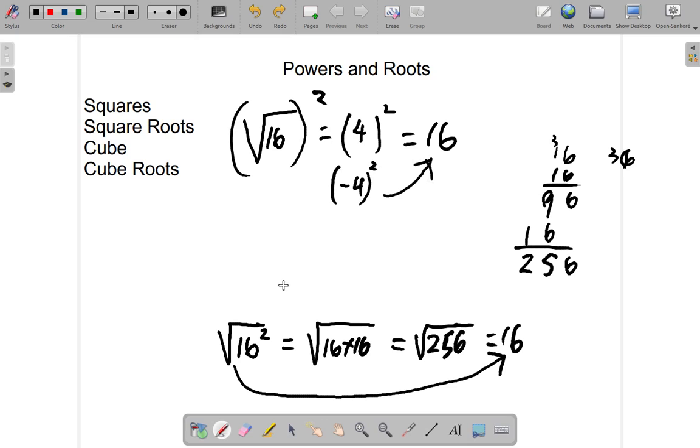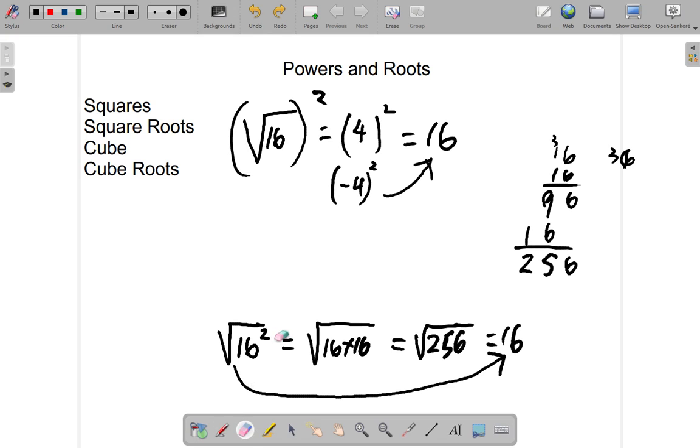So the square root of 16, and you square all of that, you get 16. And if you find the square root of 16 squared, you get 16.